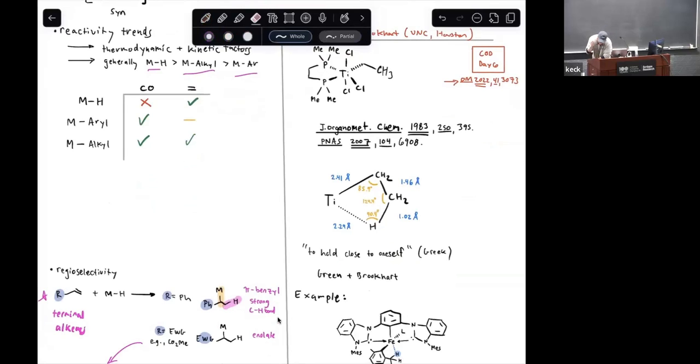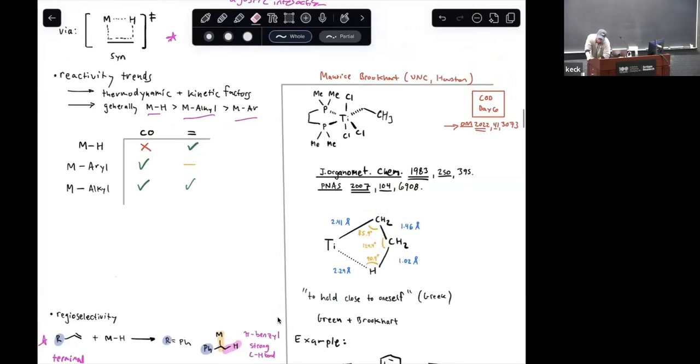But the key point for the context of this discussion of agostic interaction is that in considering the crystal structures of complexes of this general type, let's just do a quick electron accounting exercise of this titanium complex. So what do we have here? First, oxidation state of titanium. Anyone quickly?